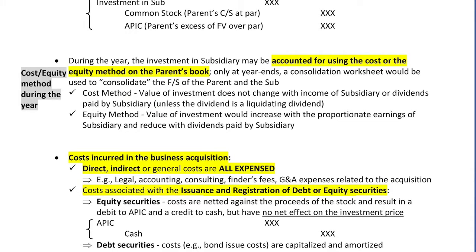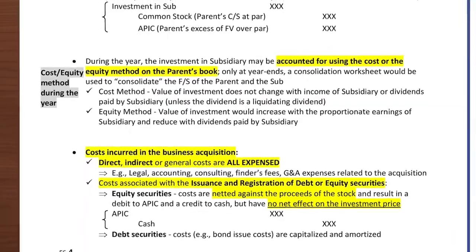These are netted against the proceeds of the stock, and they result in a debit to APIC and a credit to cash, but have no effect on the investment price. So you can look at the journal entry there where we have APIC debit and cash credit; it does not affect the investment in subsidiary account.